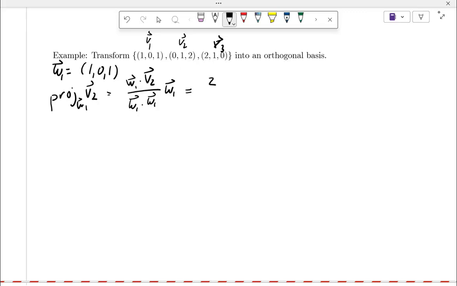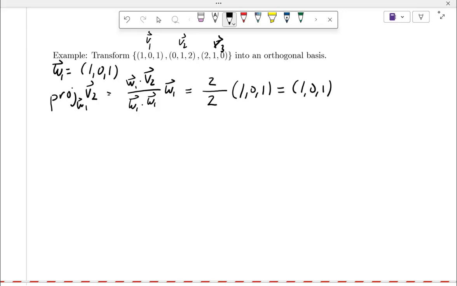So 2 over W1 dotted with itself is also a 2, isn't it? Yep. So I just get 1, 0, 1 back again. We agree? So it was kind of an easier one because notice that your V1 and your V2 are already orthogonal.